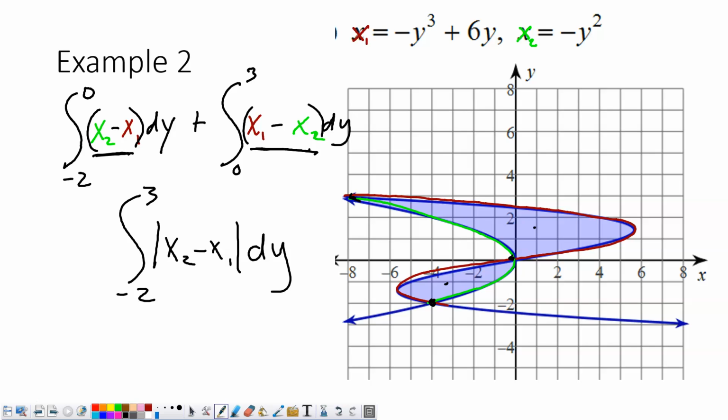Okay? So now we get to type this into our calculators and find the area. So let me bring one up here.